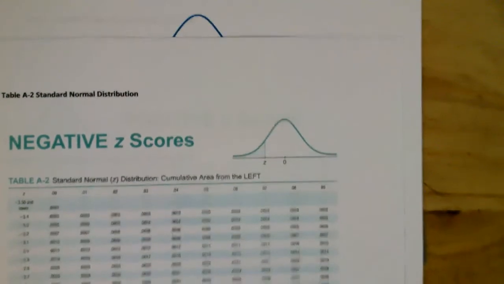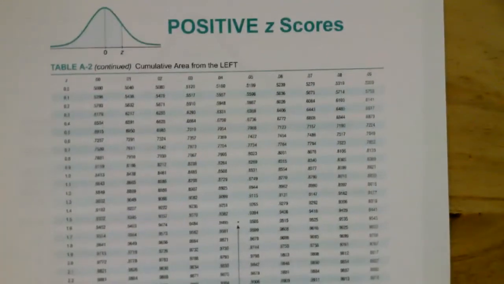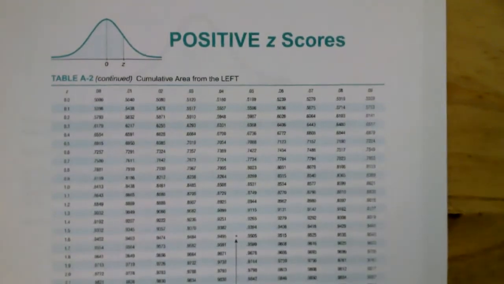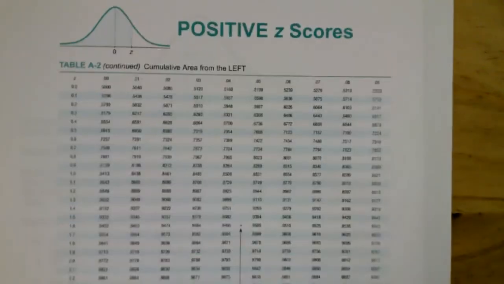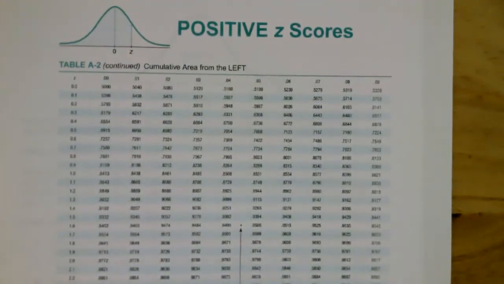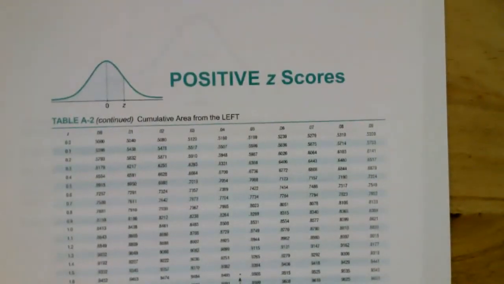The second page is for positive z-scores from 0.00 all the way up to 3.49. And we're going to be using this to help us find our probabilities here shortly.